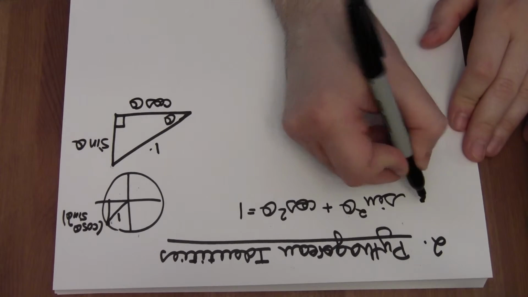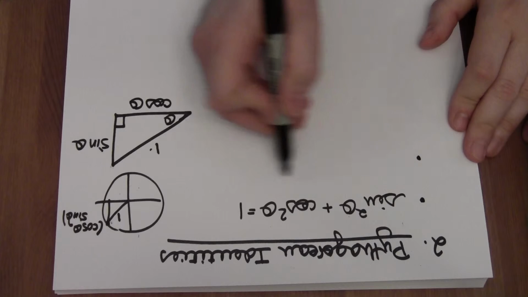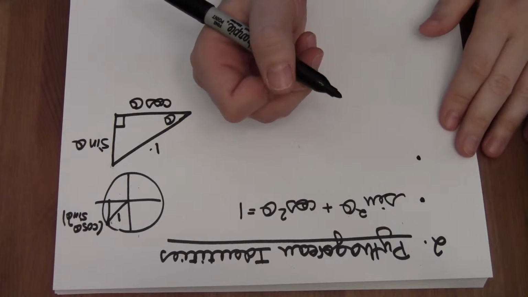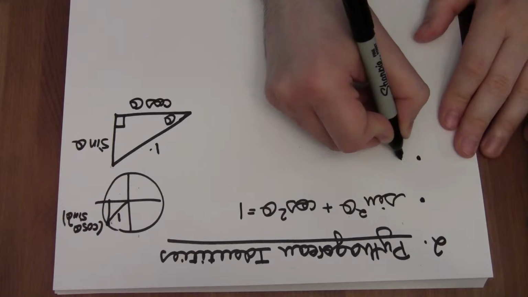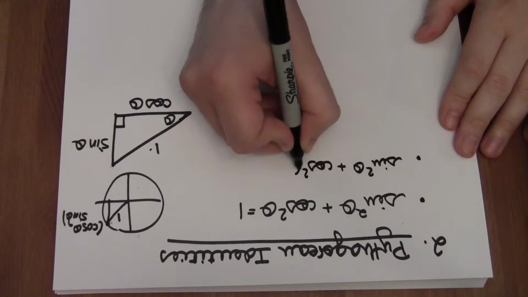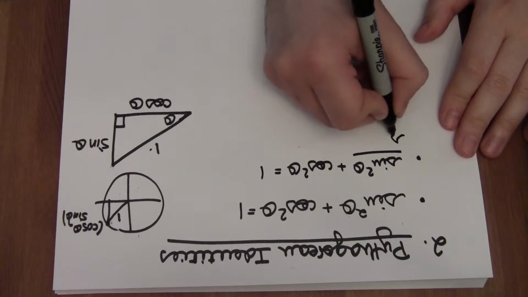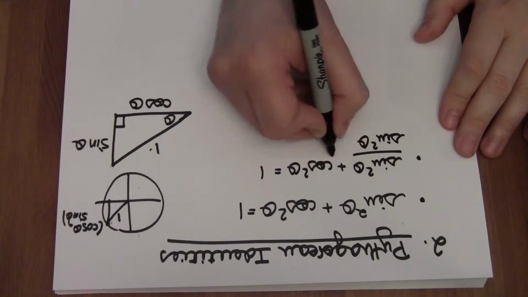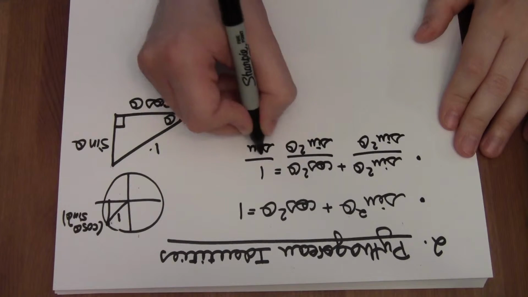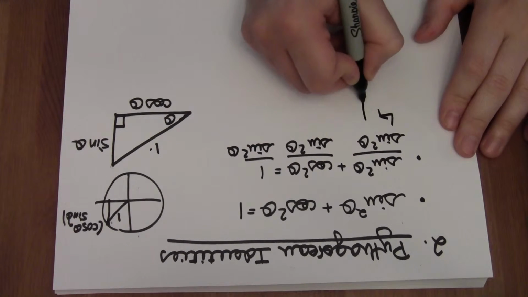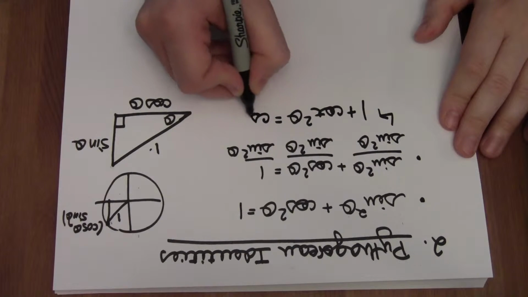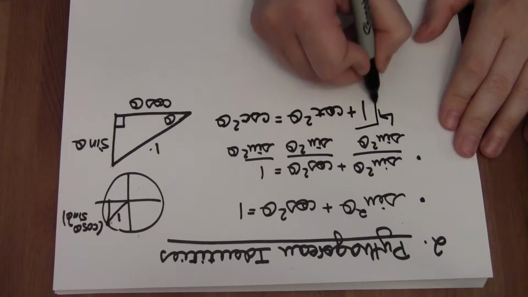To get our next Pythagorean identity, I'm going to take my original one, sine squared theta plus cosine squared theta equals 1, and divide all the pieces by the sine squared of theta. That gives me 1 plus cotangent squared theta equals cosecant squared theta.